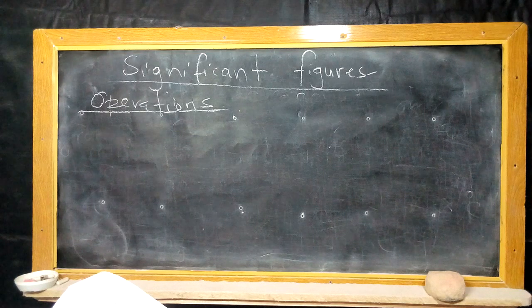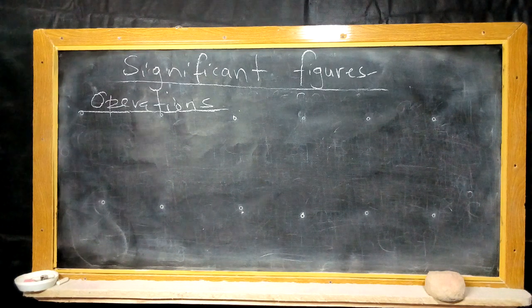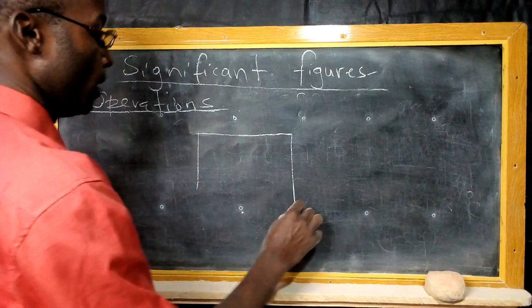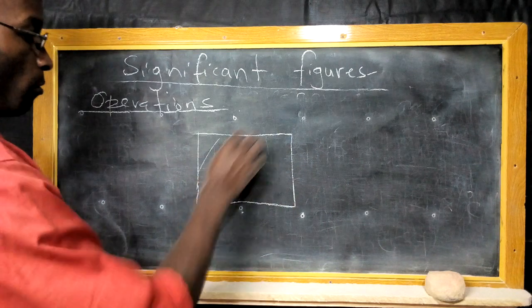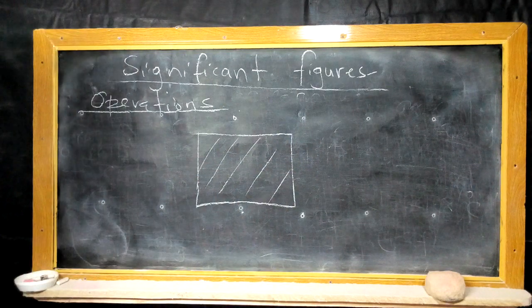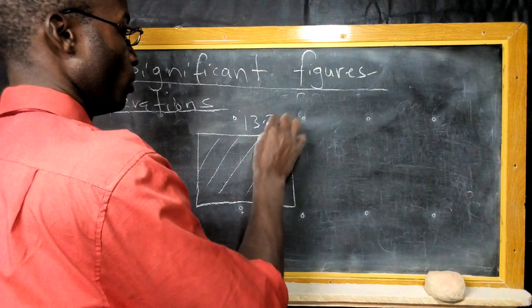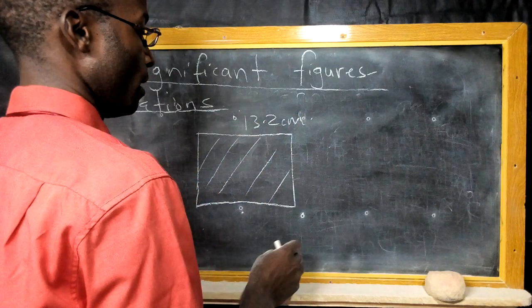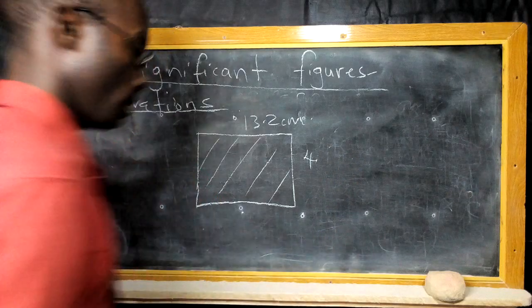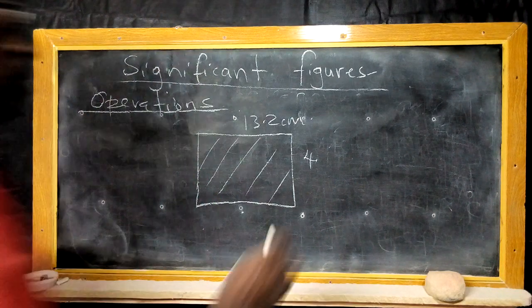Let's look at this example. For instance, suppose I have a piece of plate or metal here, which measures 13.2 centimeters length and 4.8 centimeters width.